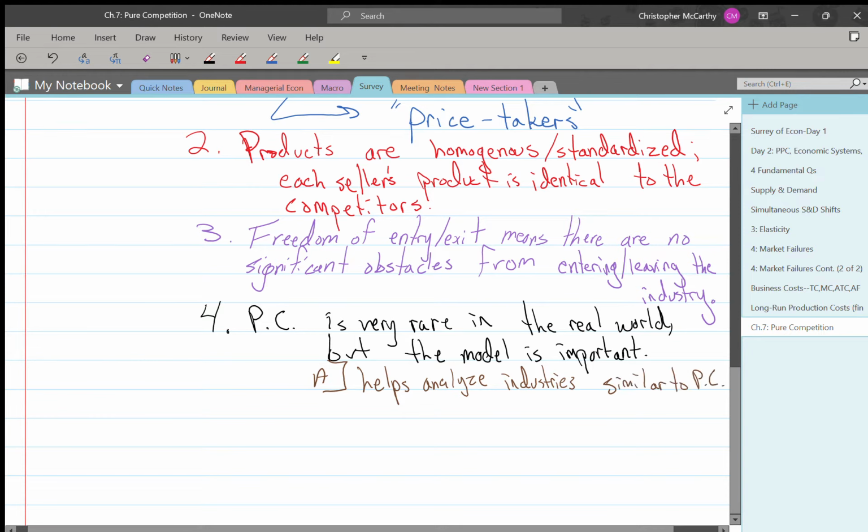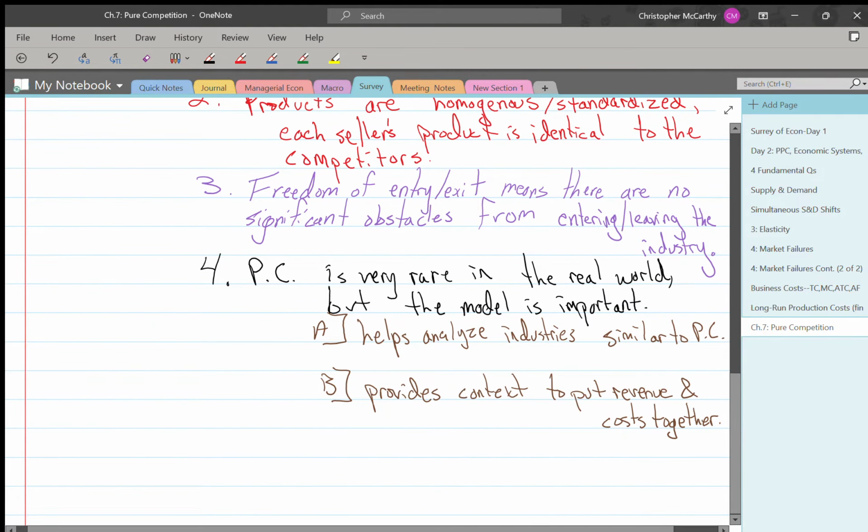It provides a context in which to apply revenue and cost concepts that we talked about in previous chapters. And it's a simple context compared to the other ones.